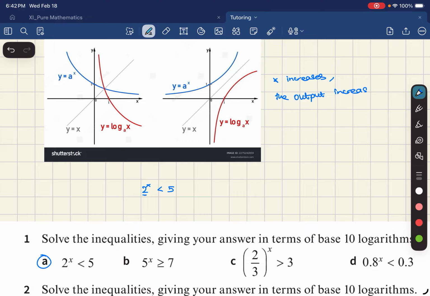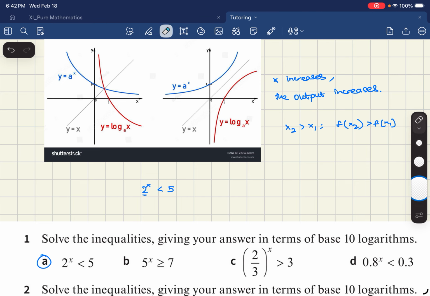So the log function is an increasing function. If x2 is bigger than x1, then f of x2 is bigger than f of x1. That is what it means to have an increasing function.